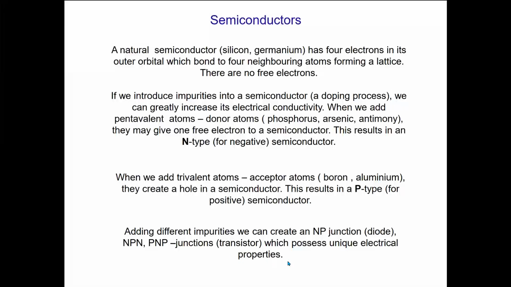Okay, the question is how many of these doping atoms, donors or acceptors, we need to add to a natural semiconductor to ensure that we have really good electrical conductivity.